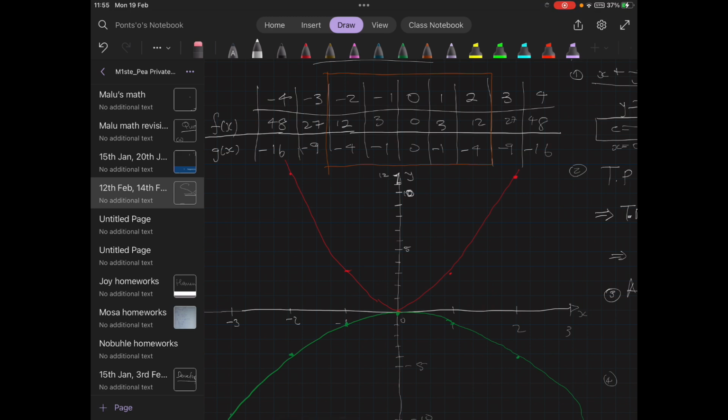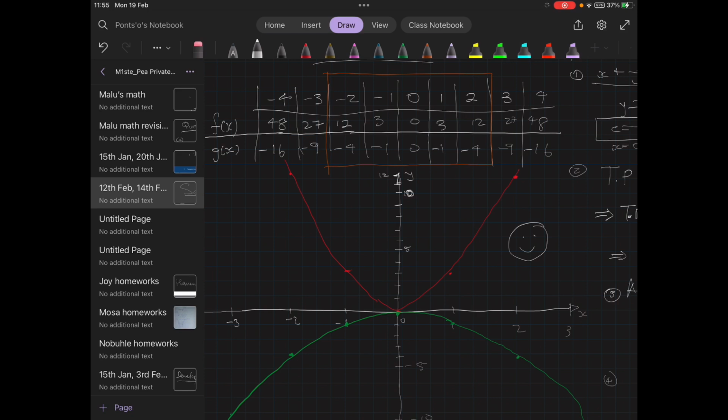Do we have a maximum value for the graph of f of x? It goes up to infinity, so I don't think we have a maximum. Because it's an upward smiling parabola, we only have a minimum value.